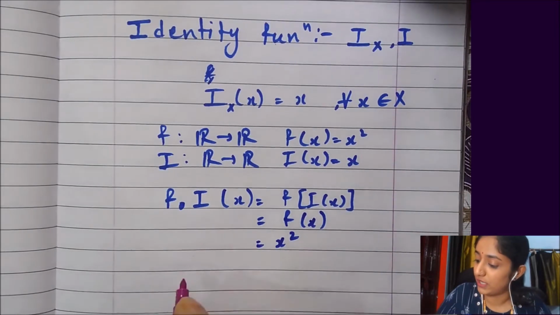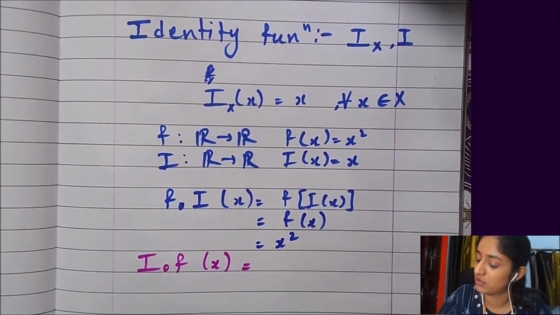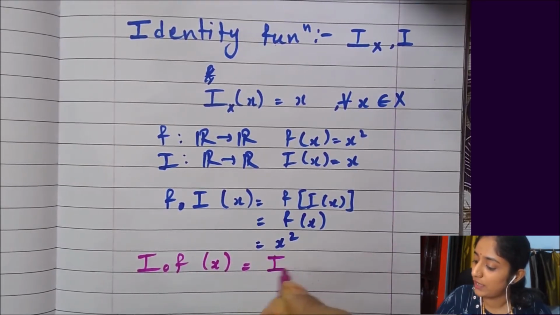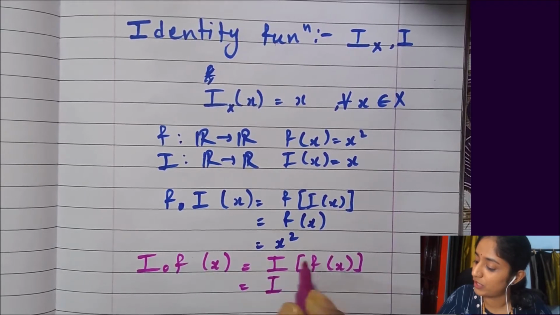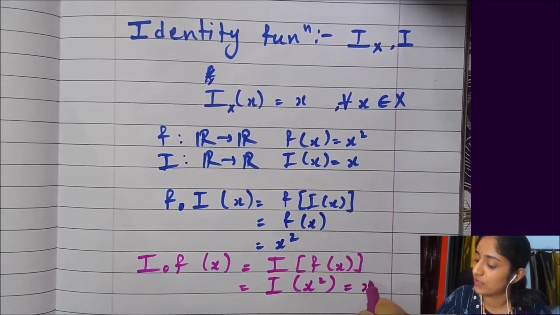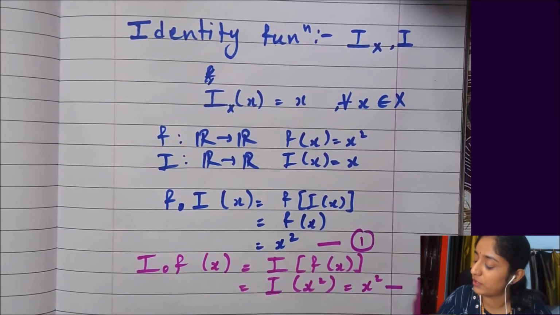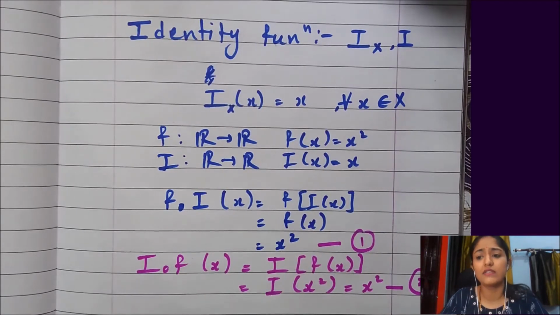And if we take I circle f of x, this will be I of f of x. We know that f of x is just x square. With the identity function, what goes in comes out, so this is x square again, and these are the same. 1 and 2 are the same. So if you take anything with the identity function, that function is going to come.